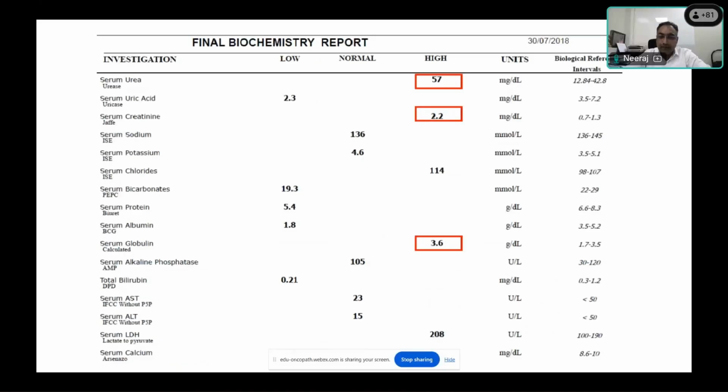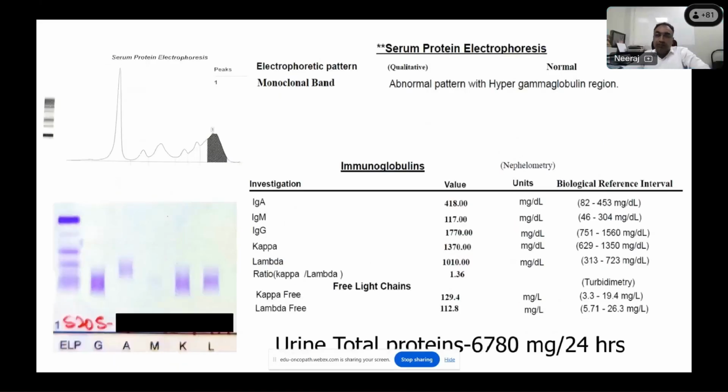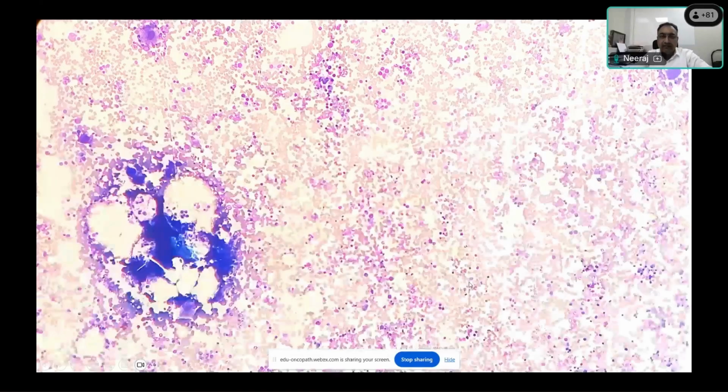Serum protein electrophoresis showed a monoclonal band in the gamma globulin region, and there was an increase in IgG and kappa. The kappa lambda ratio was altered, and the urine total protein was 6,780 milligrams. So these were some of the findings that we had.